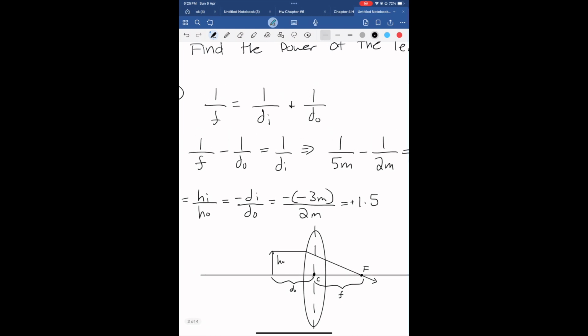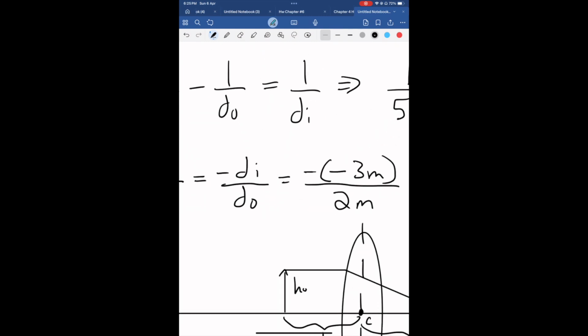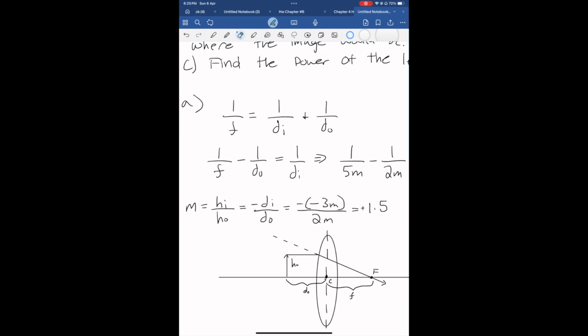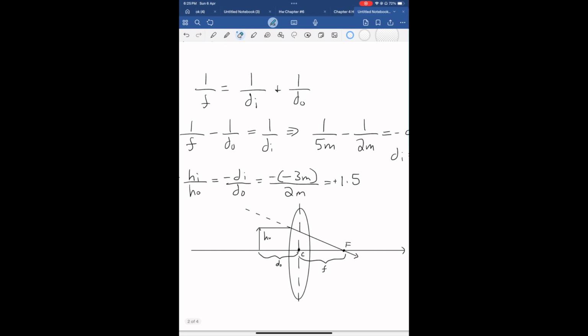And then we can actually trace this line backwards. Let's try this. Trace that line backwards. We're going to want to see where that intersects with another ray, this ray that passes across the center.